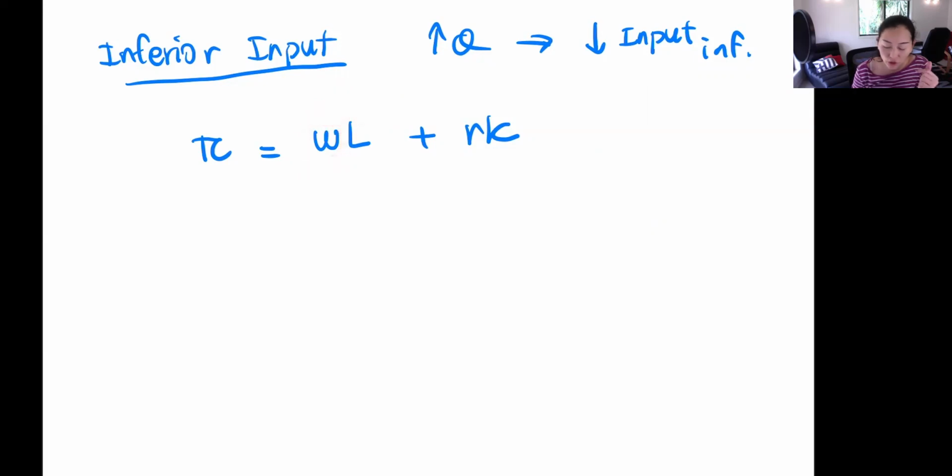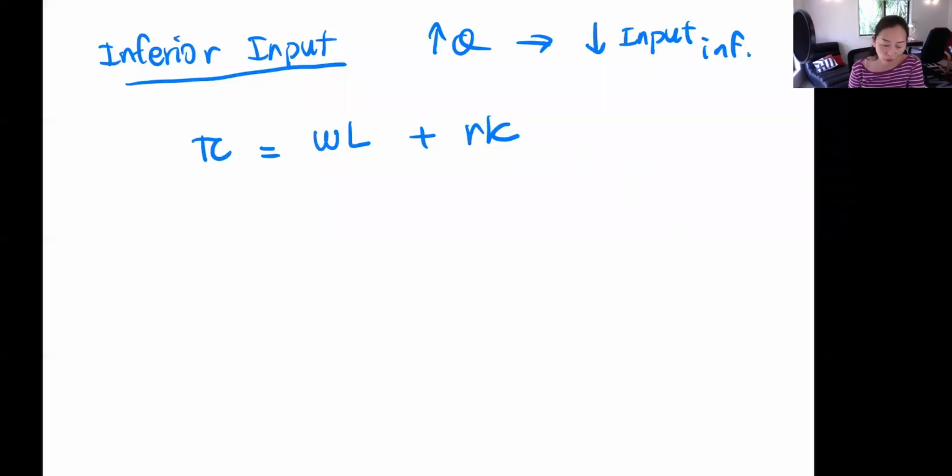So each 1 unit of labor that you don't use, you are saving the wage rate per each unit of reduced inferior input. So this wage is your saving.